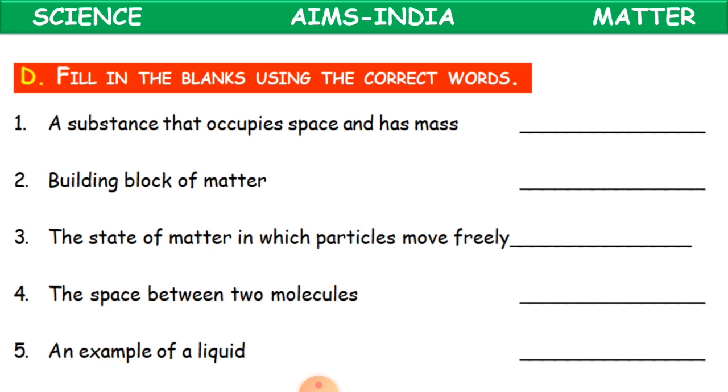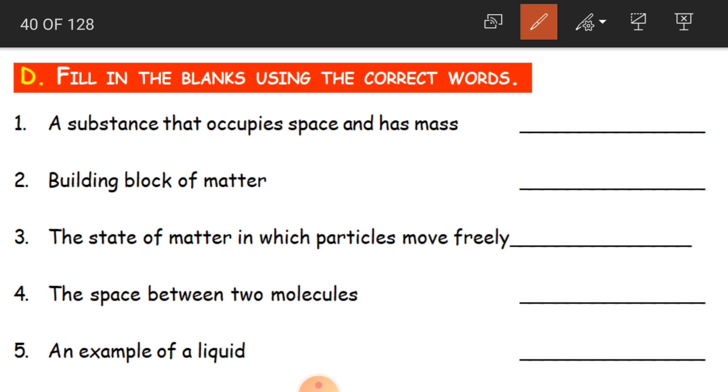Clear, children? Now we are having fill in the blanks using the correct words. Let us do that. A substance that occupies space and has mass. What is that? It is matter.